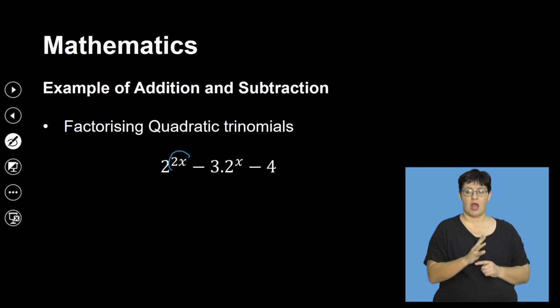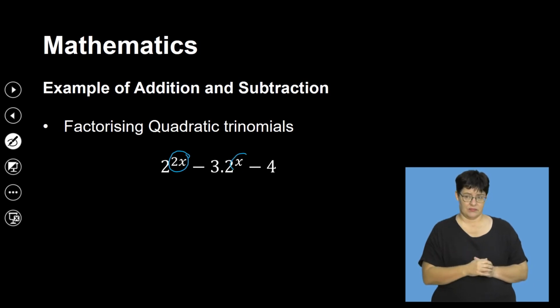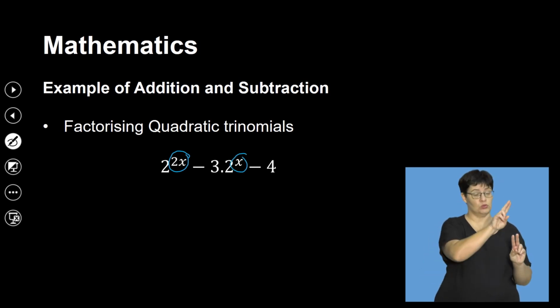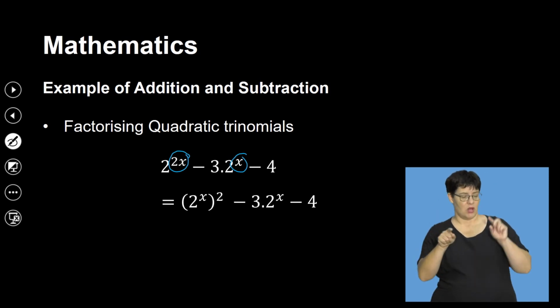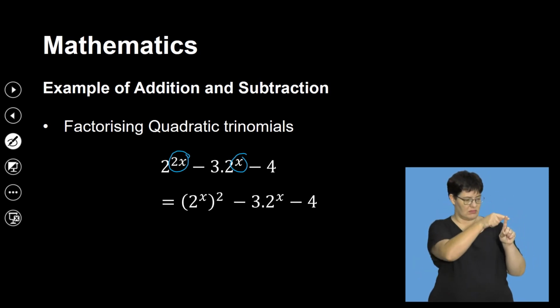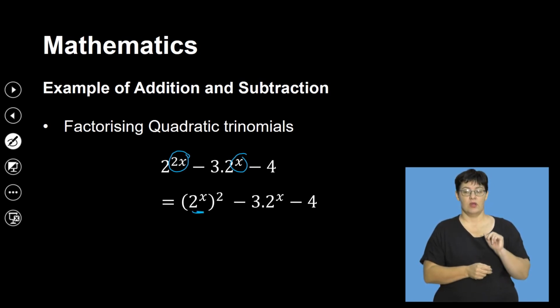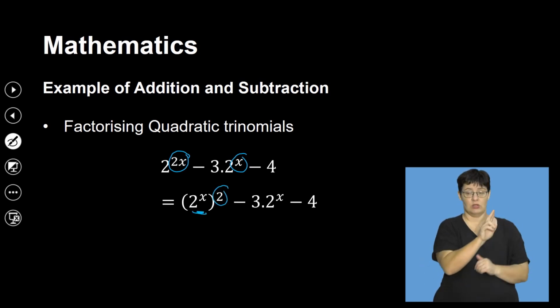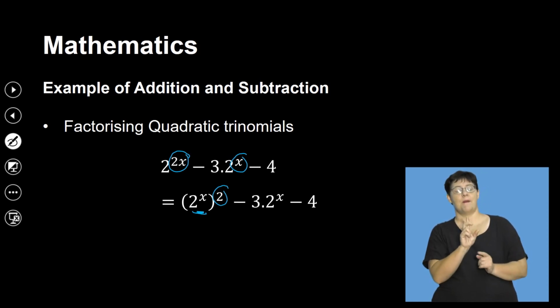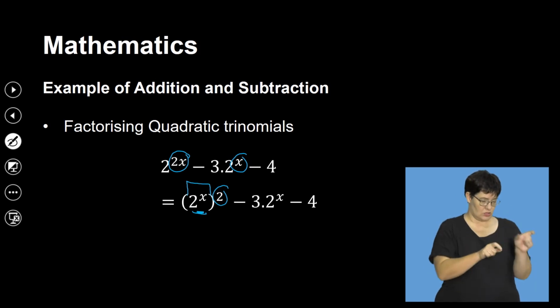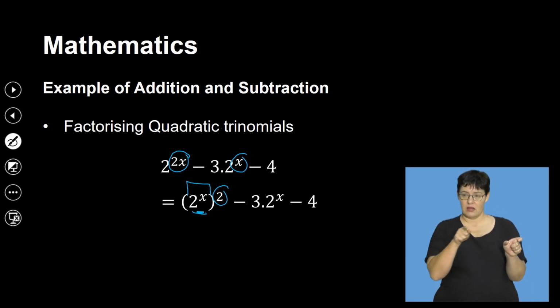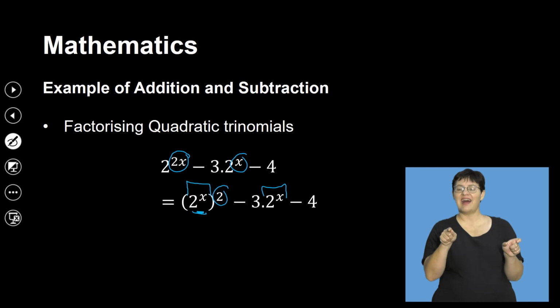So you can see this is 2x and that is x. So it shows us that it is twice that, right? So this will be the same as applying the principle that I said was important for you to note: 2 to the exponent of x, all raised to 2. And then you can see that the first term here is 2 to the exponent of x, so the exponent is the same as that one.